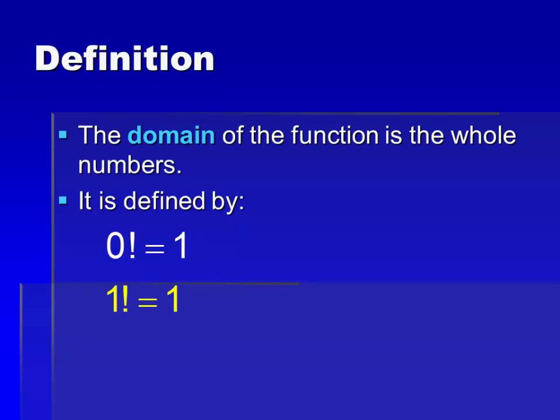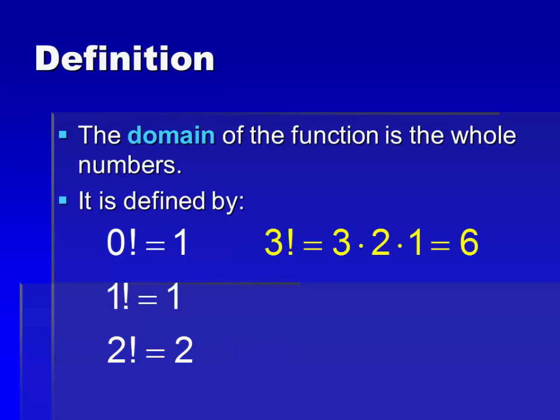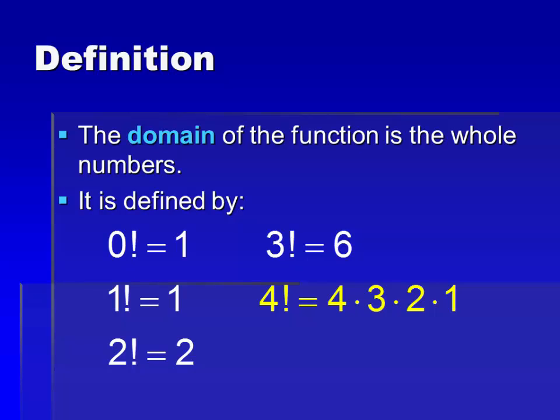1 factorial is also 1. 2 factorial is 2 times 1, which gives me 2. 3 factorial is 3 times 2 times 1, or 6. Now notice, 3 factorial has 3 times what we really had as 2 factorial, 2 times 1. 4 factorial is 4 times 3 times 2 times 1.